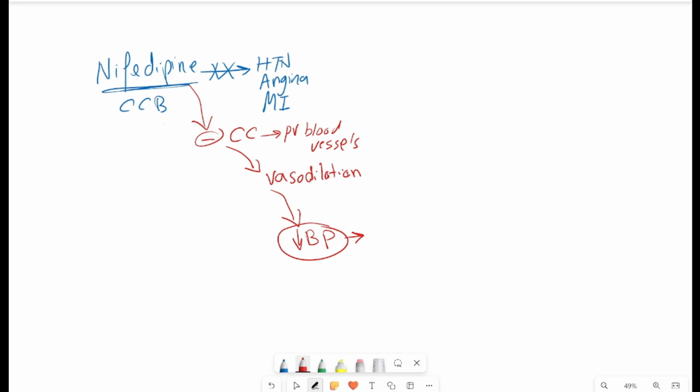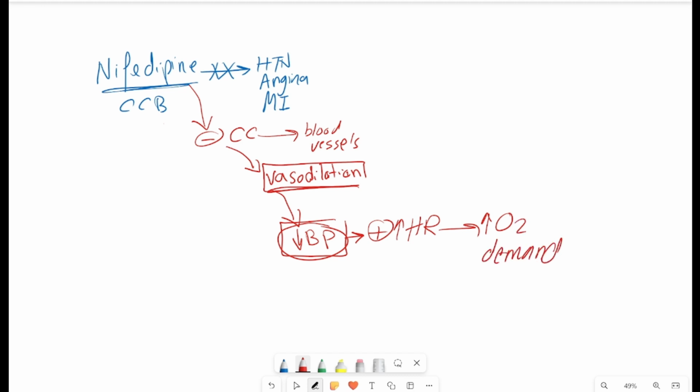This short-acting medication blocks calcium channels in the blood vessels. This leads to vasodilation, and vasodilation decreases blood pressure. As a compensatory mechanism, the result will be increased heart rate. Increasing heart rate means increased oxygen demand.